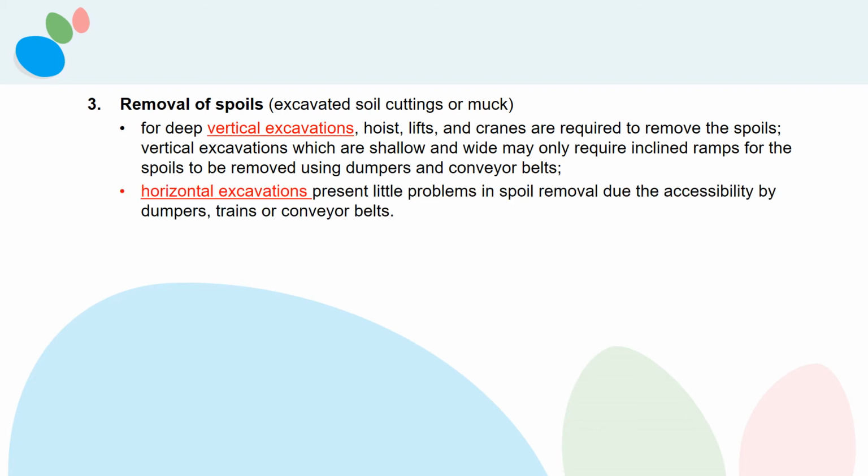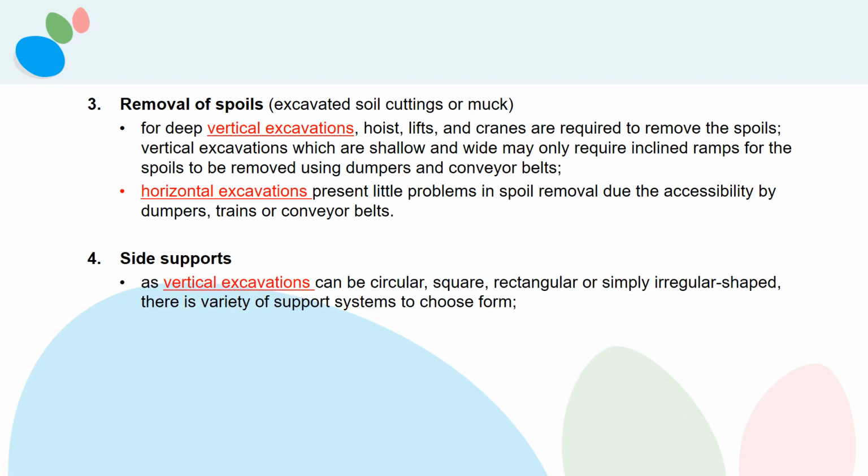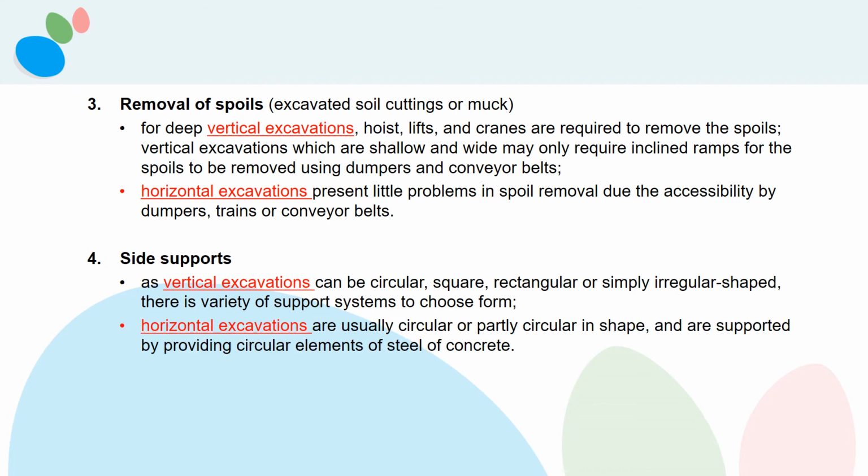Horizontal excavations present little problems in spoil removal due to accessibility by dumpers, drains or conveyor belts. 4. Side supports. As vertical excavations can be circular, square, rectangular or simply irregular shaped, there is a variety of support systems to choose from. Horizontal excavations are usually circular or partly circular in shape, and are supported by providing circular elements of steel or concrete.